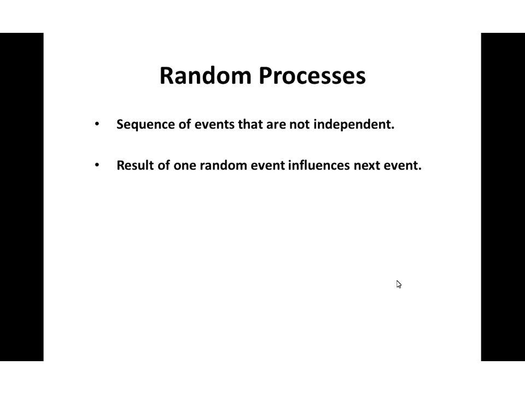Or in other words, what we mean by that is that the result of one random event will influence how we proceed in simulating the next random event. And so we can't do them all at once. We have to do them one step at a time in order to see what the outcome will be. And there are many examples of this, and you'll explore a few in your lab exercises.